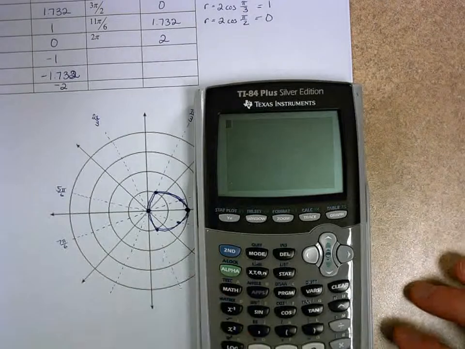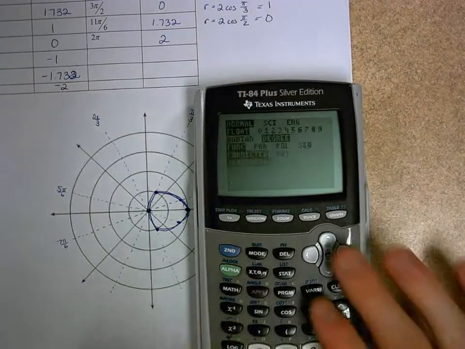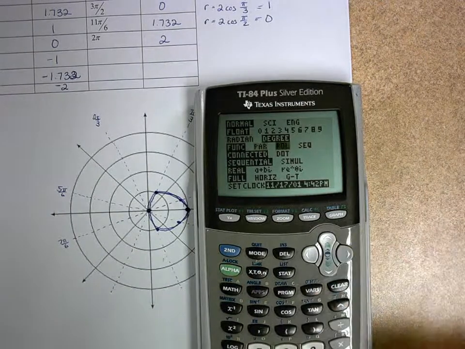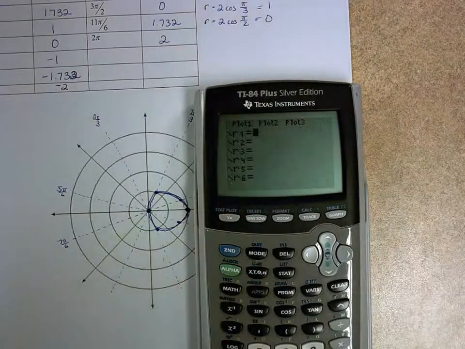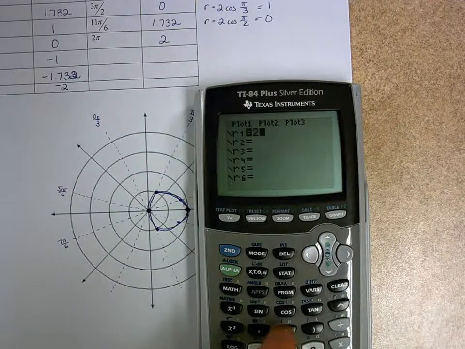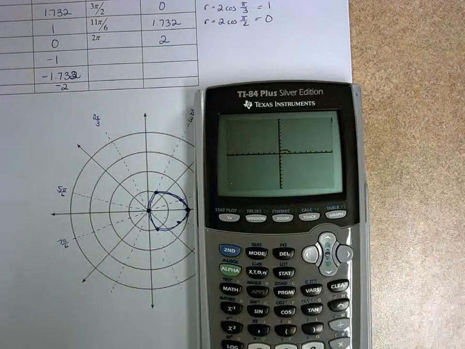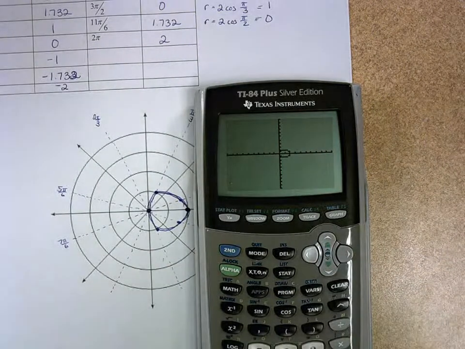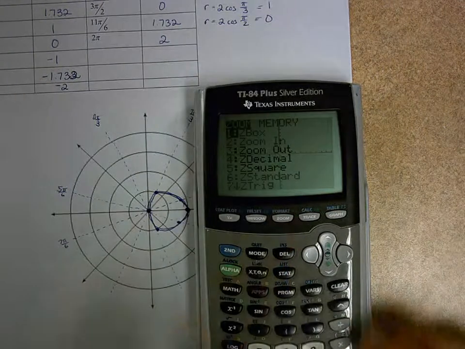So I've got my calculator here. Let's make sure we're in polar mode for this. So I'll head over to polar. And in my polar box, I'll put 2 cosine of theta. And I'll graph it. Sure enough, it looks like I've got that circle shape right there.